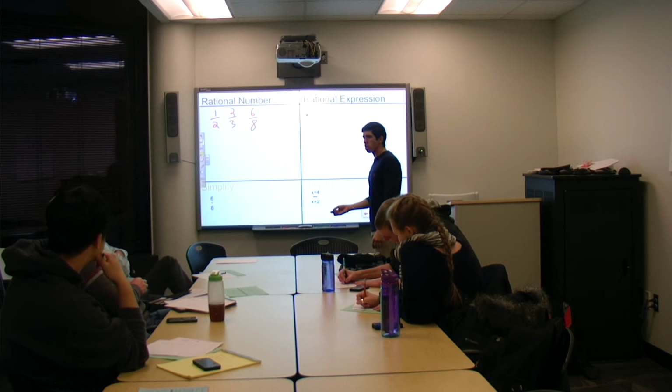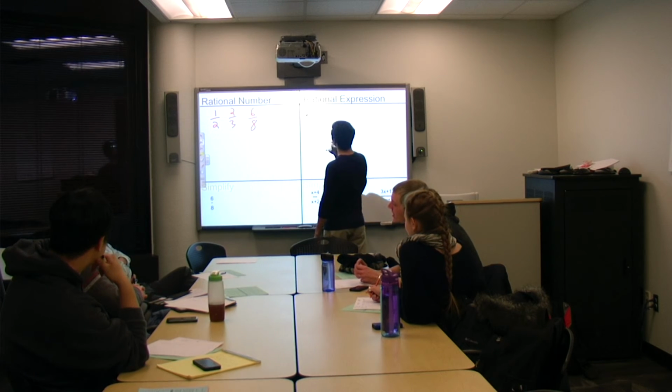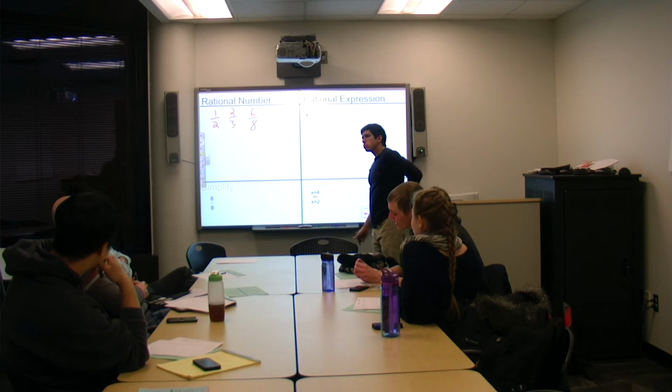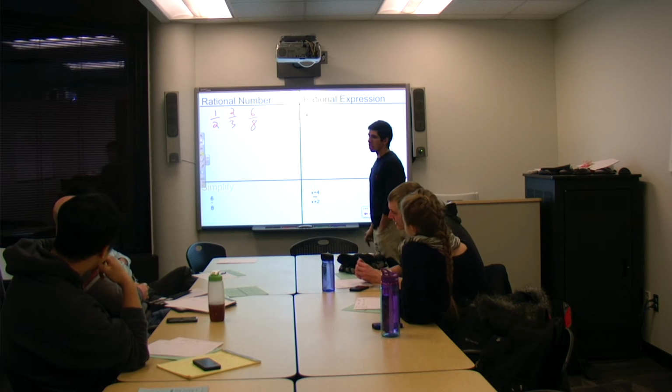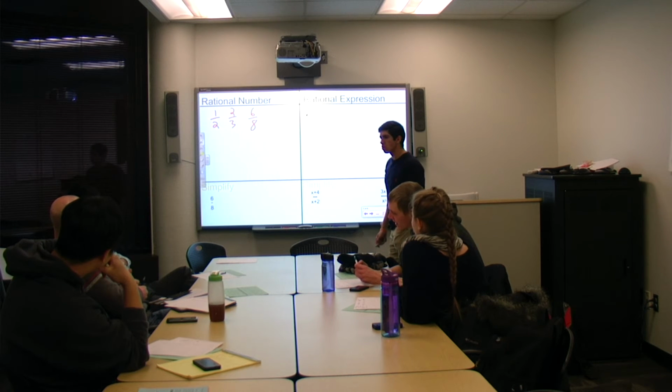Well, we said the rational number was a ratio of two integers, so maybe a rational expression would be a ratio of expressions that only have integers as their coefficients, like an expression like 2x plus 1. Oh, so it involves a variable then.